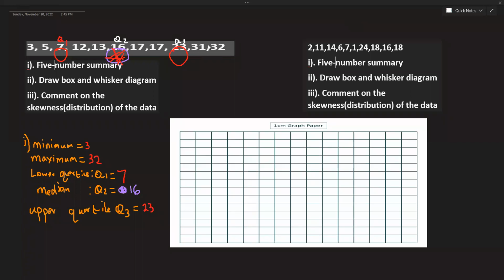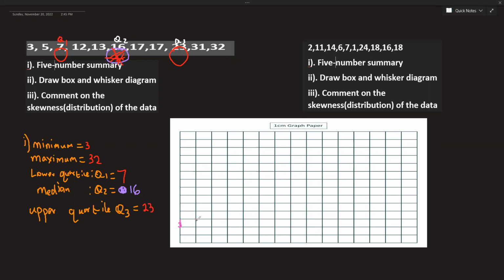So our box and whisker, we're going to look at the proper scale. It must always have a proper scale. Here I'm seeing that the biggest term is 32 and the smallest is 3. So in this case, I can go up in 3s. Perfect. So I'm going to start with a 3 here.